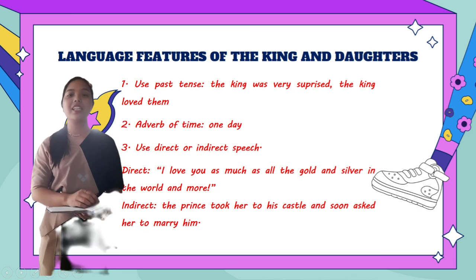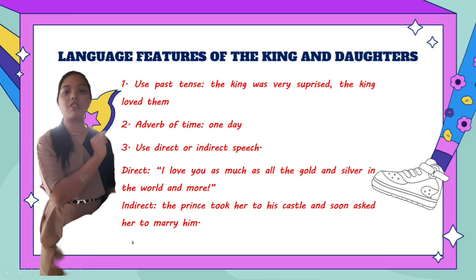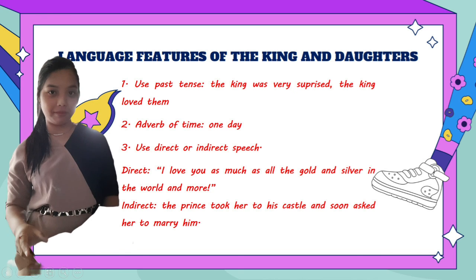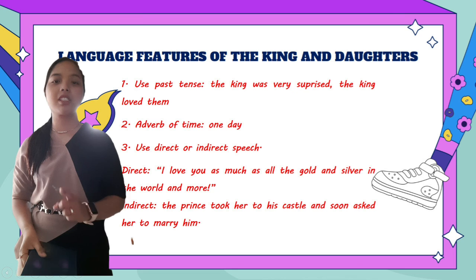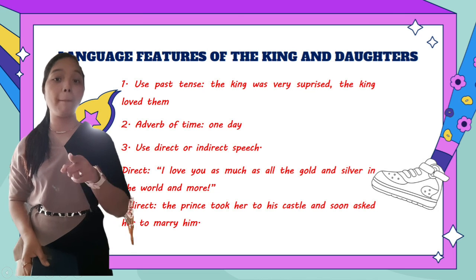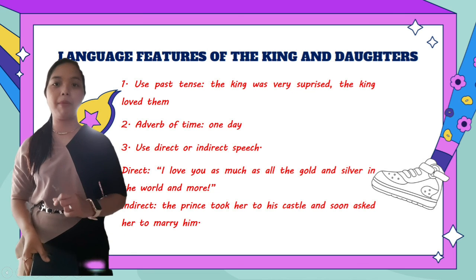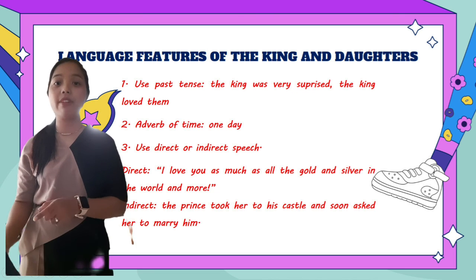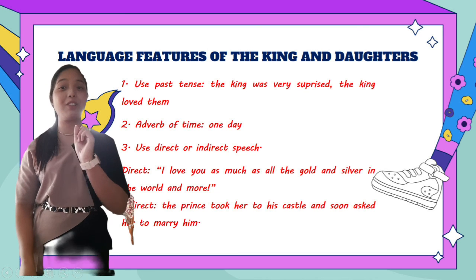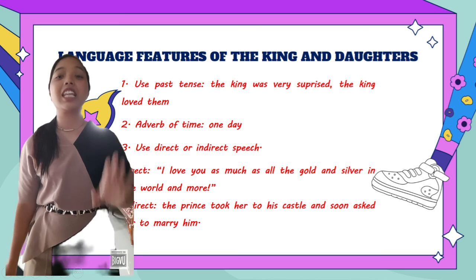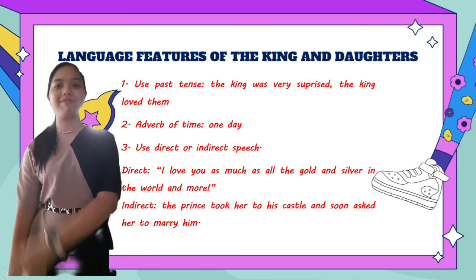And then this is the language features of the king and the daughters. The first, this story used past tense. For example, the king was very surprised. The king loved them.